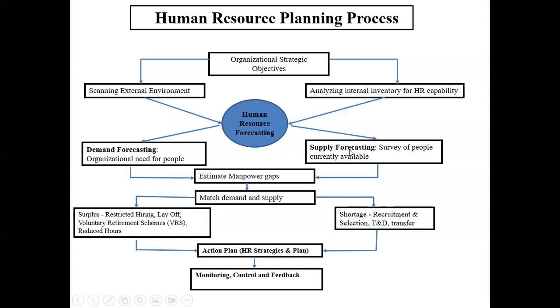But the supply forecasting is currently indicating that we already have 500 workforce in the company. And if we decide to maybe transfer some of them to the new campus we are going to develop, it may not affect the success of the company. So one side is giving you 50, another side is projecting that there may be a surplus of 20.